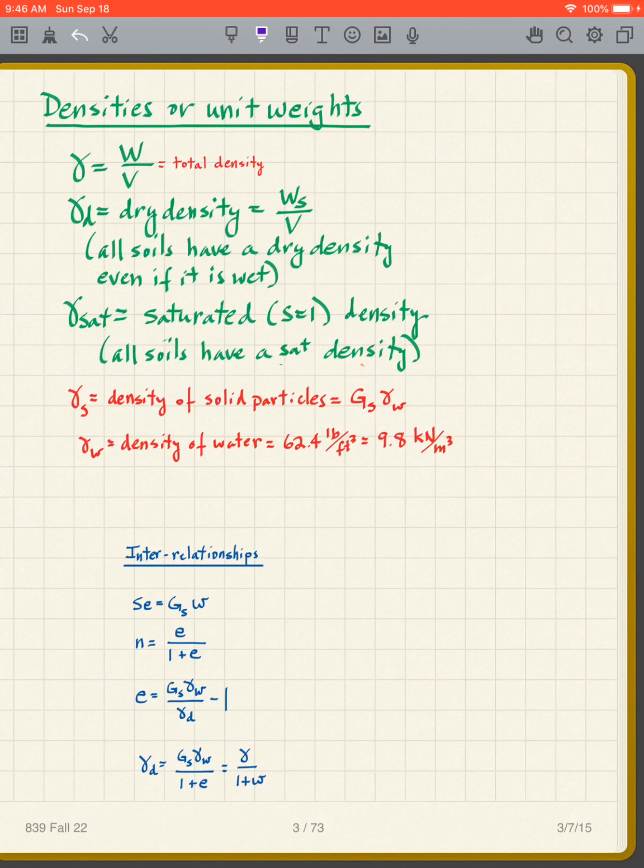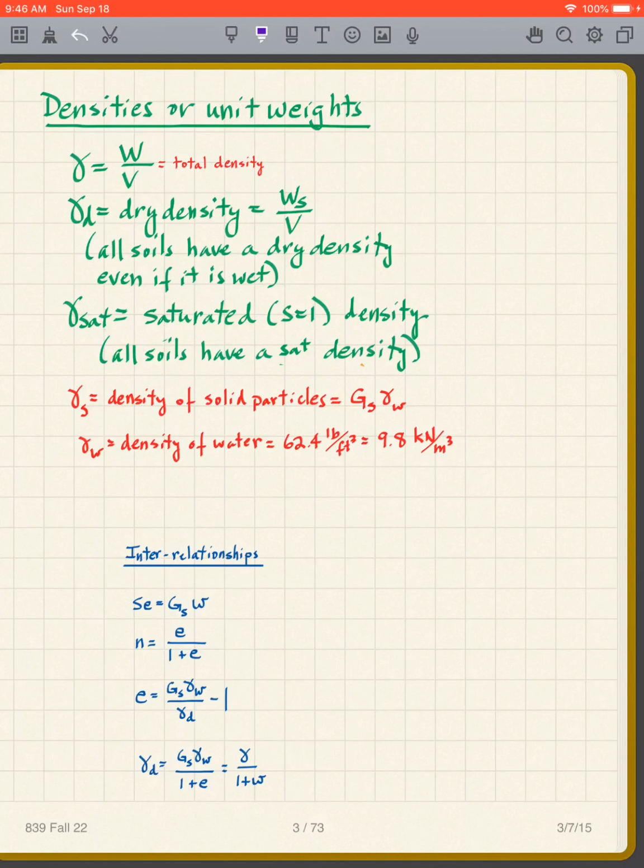So that tells us what would be the density of our soil if it were dry. Same thing with saturated, gamma saturated, which is the saturated density, which means what we do is we assume that the degree of saturation is 1, and all soils have a saturated density, so we assume all of the voids are completely filled with water, and we get a density for it.